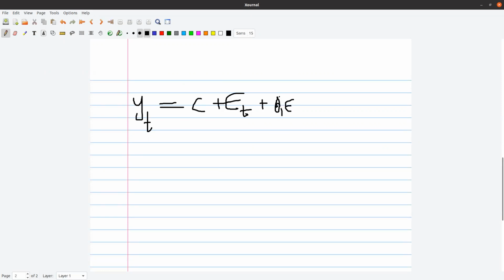Theta 1 times epsilon_(t-1), then the second value, theta 2 times epsilon_(t-2), and something like this, plus theta times epsilon_(t-Q), going up to the Q level. That's the equation, right?